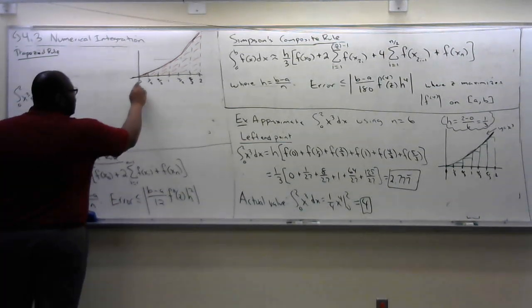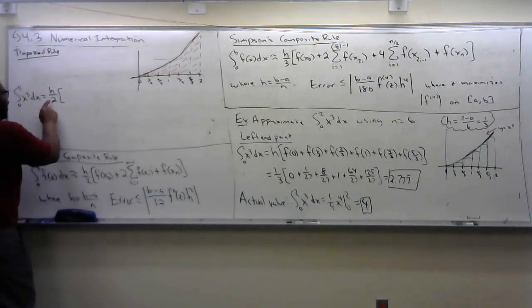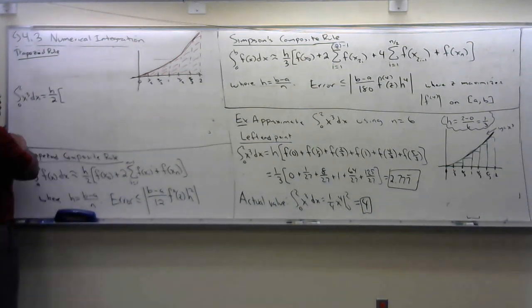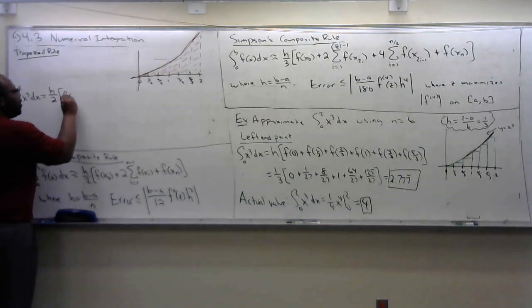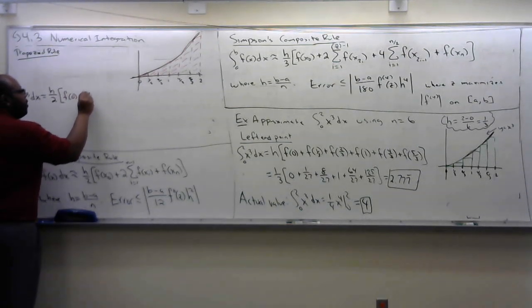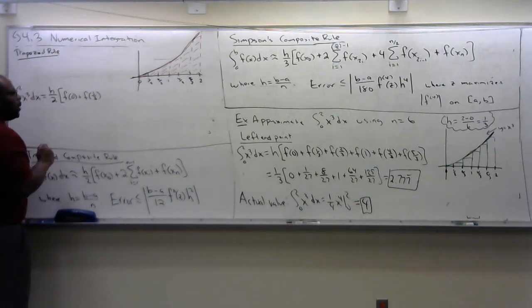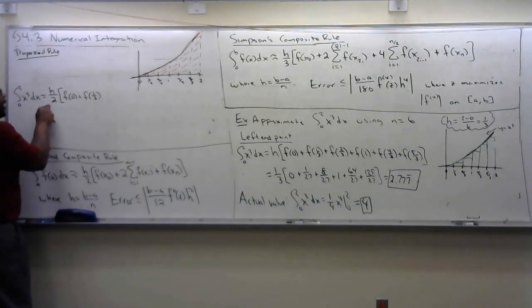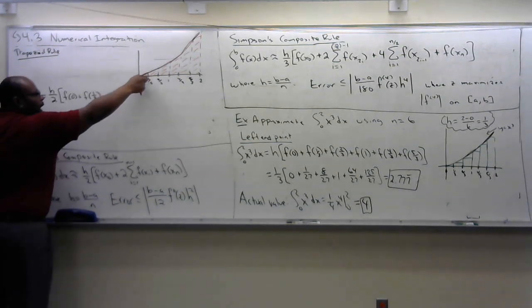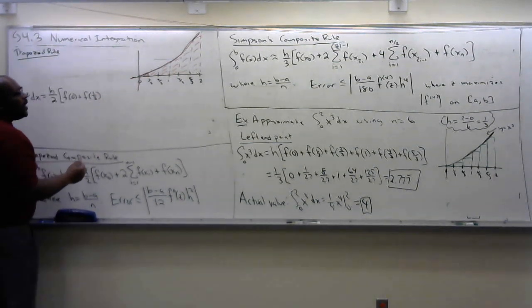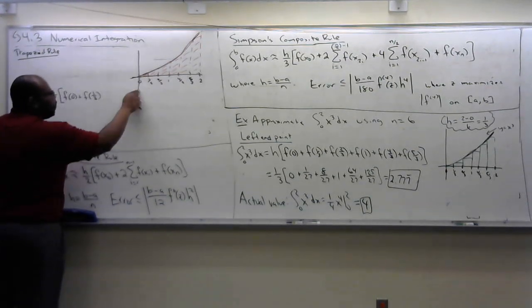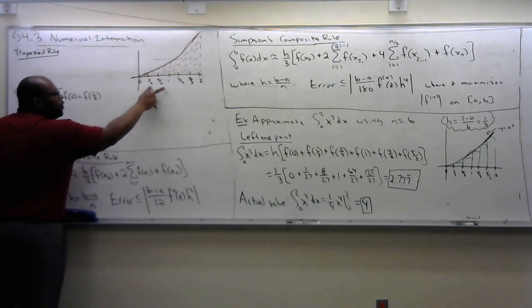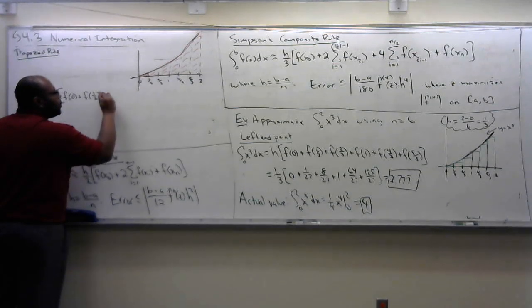We have this h divided by 2 on the outside. So this is going to be f of 0 plus f of 1/3, right? That takes care of this one right here. When I multiply h divided by 2 times this, it gives me the area underneath that line. But then I need to do it again, right? And then I have to do f of 1/3 plus f of 2/3.